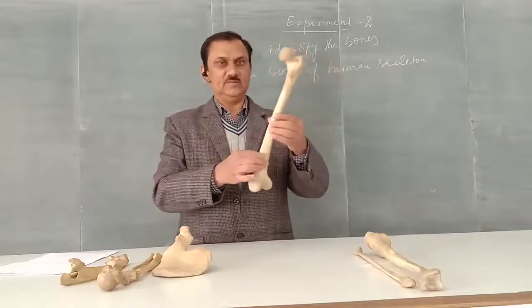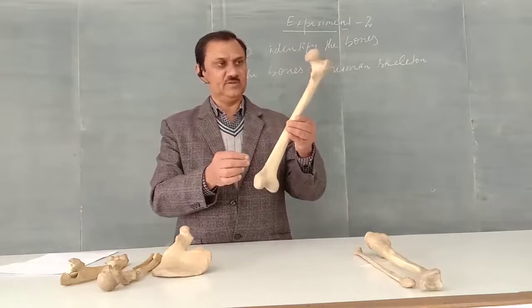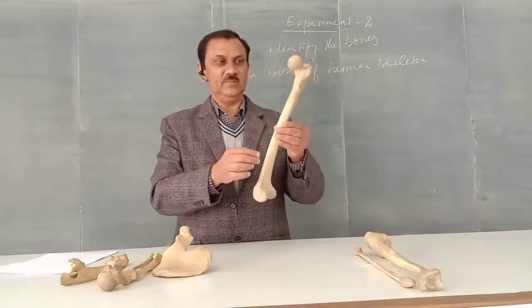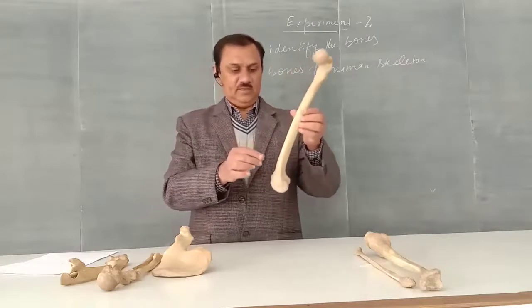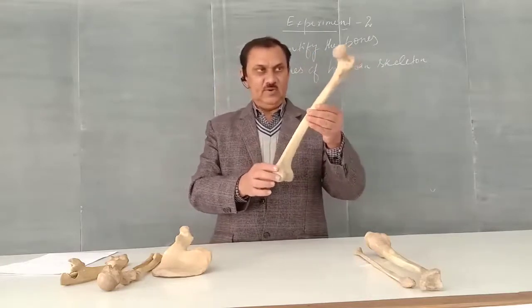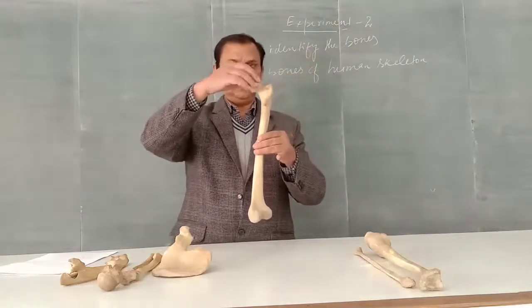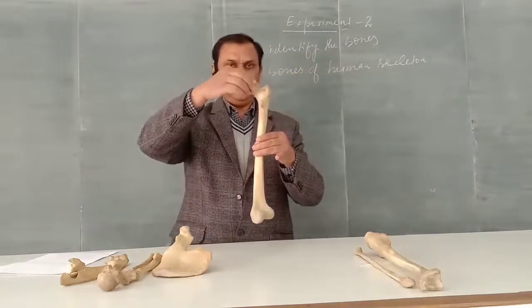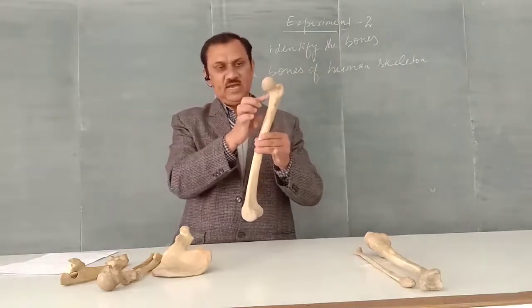The longest bone of our body is the femur, that is the hardest bone of the body also, and it can bear a weight of 800 kg. This thigh bone can easily be identified by the presence of a very prominent head which remains attached to the shaft with the help of this neck.